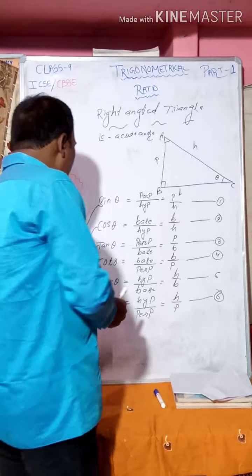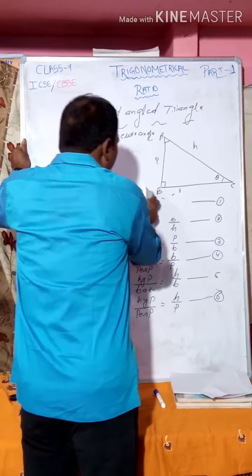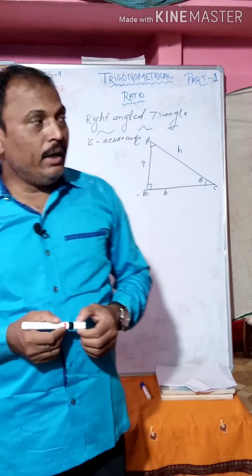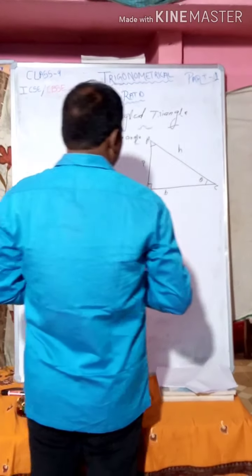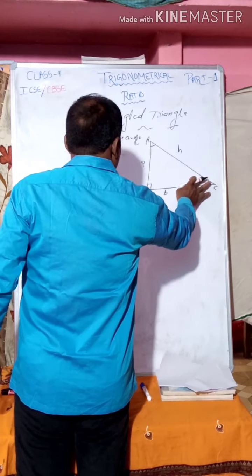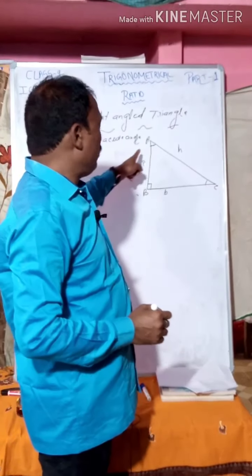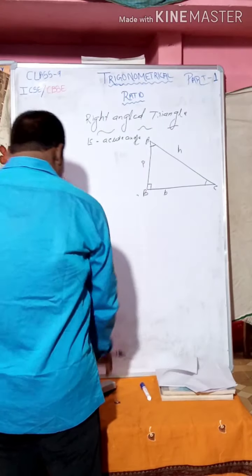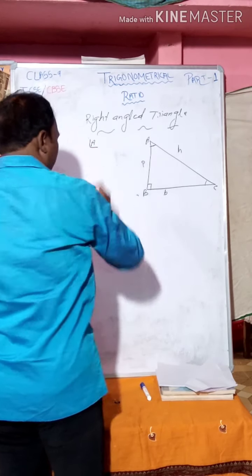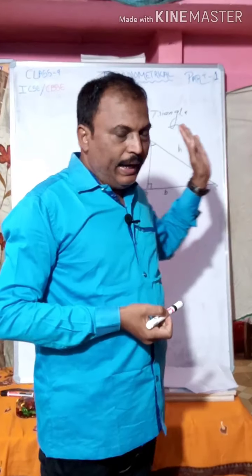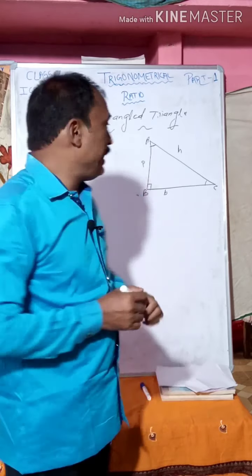Now take a look at another thing. Now we will discuss another technique of this triangle. Suppose this is not theta; we will take another angle for the trigonometrical ratios. We will take not angle C, but angle A. By taking angle A, we will find out the trigonometrical ratios.